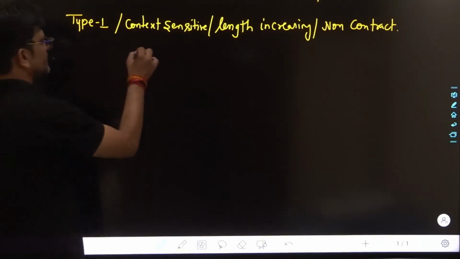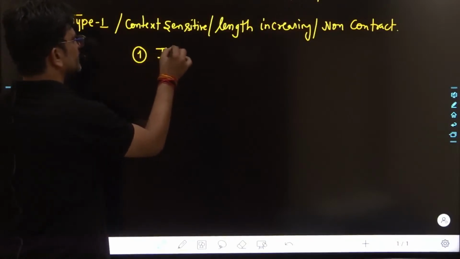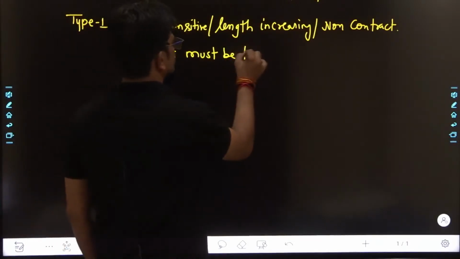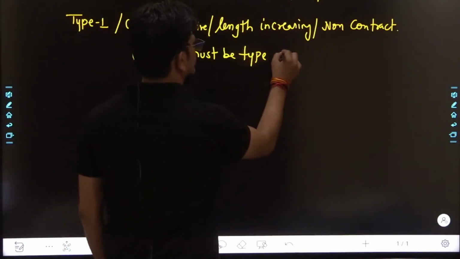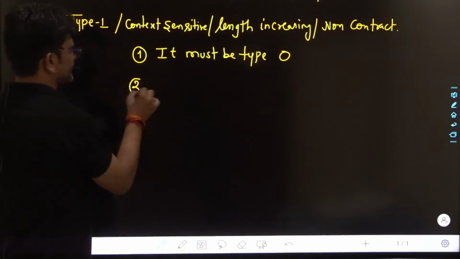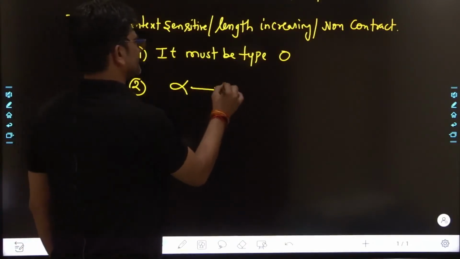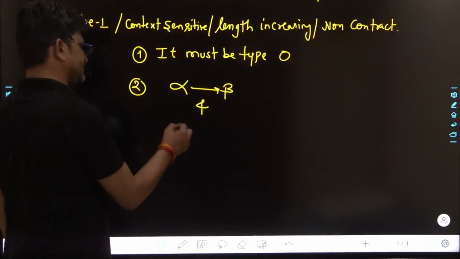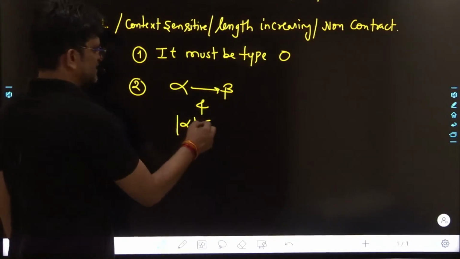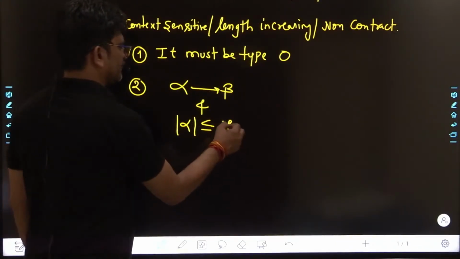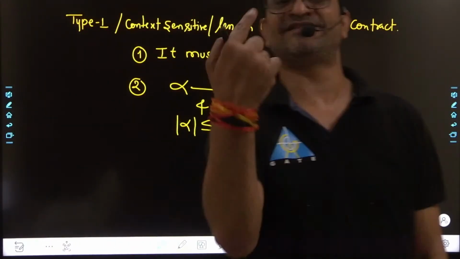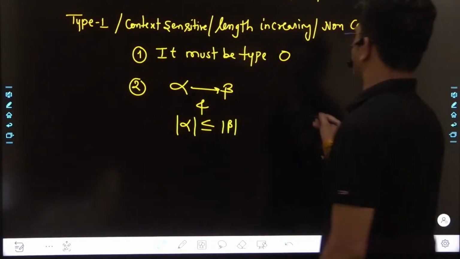First, it must be a type 0. What is the definition? Alpha determines beta. And another restriction is mod of alpha less than equal to mod of beta, means the length of the left hand side should be less than equal to length of the right hand side. What is alpha?